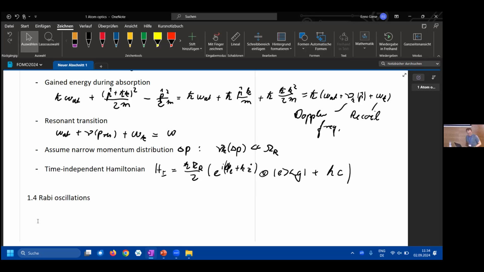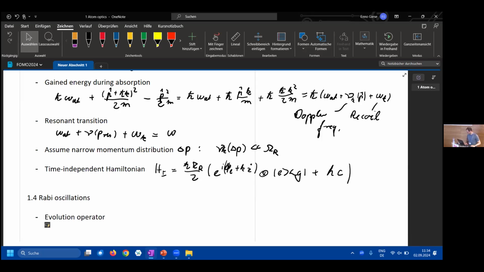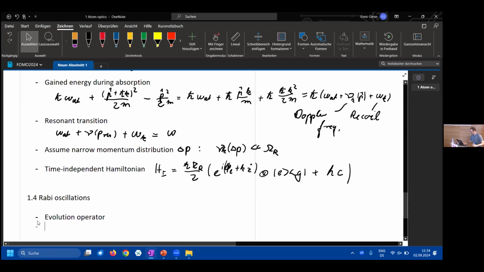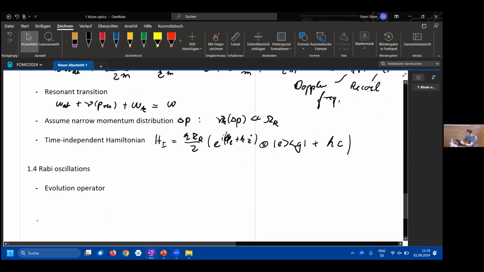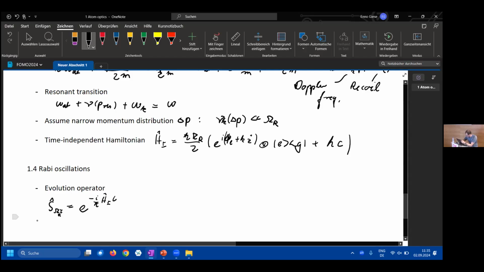So what we now calculate is just the matrix exponential of this Hamiltonian, and that is the time evolution operator. The solution is S, with index omega Rabi times tau, equal to e to the minus i over h bar times H, of course an operator, times tau.